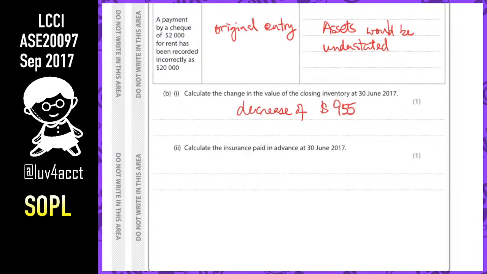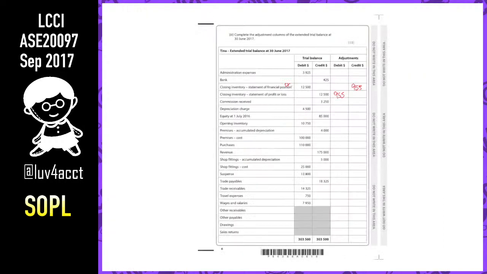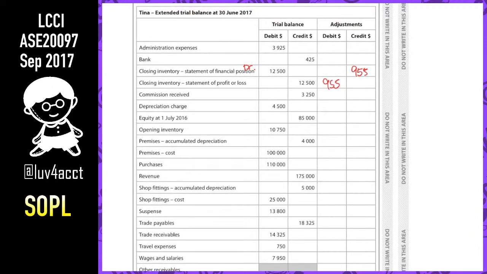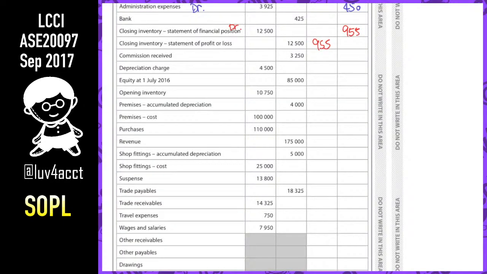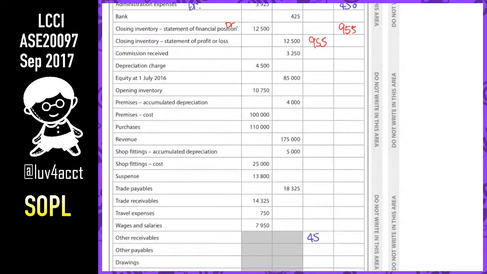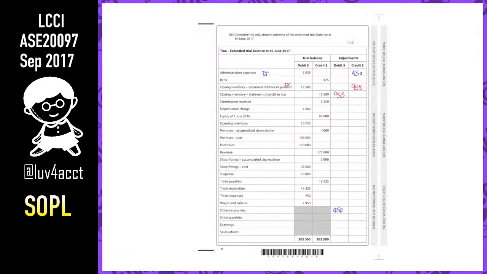Insurance prepaid will be 450. So admin expenses, a reduction, goes into the credit side, and the prepayment in other receivables goes into the debit side, 450 here. So item 2 done.